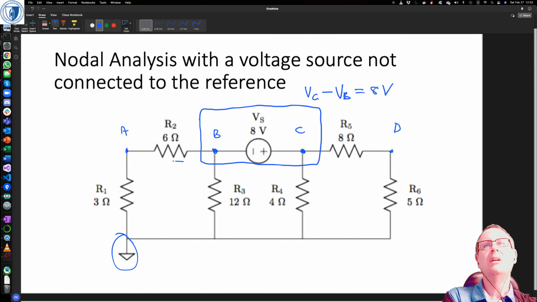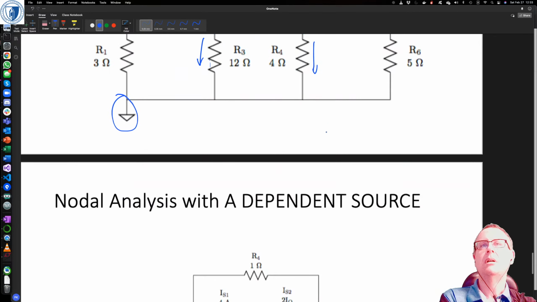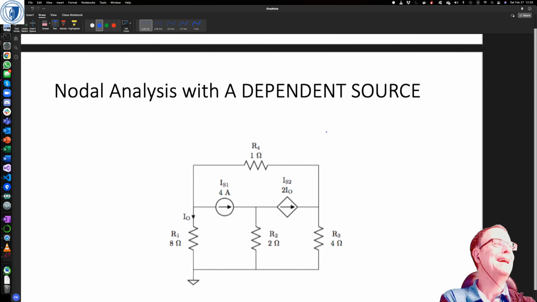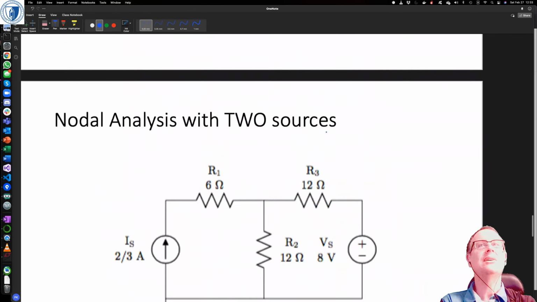So if we've got current flows like that, then the Kirchhoff's current law equation we get is IR2 minus IR3 minus IR4 minus IR5 equals 0. But I'll go through that in more detail next week and we'll solve this one. And then we can make things more complicated and have dependent sources just like we did in the mesh analysis one.